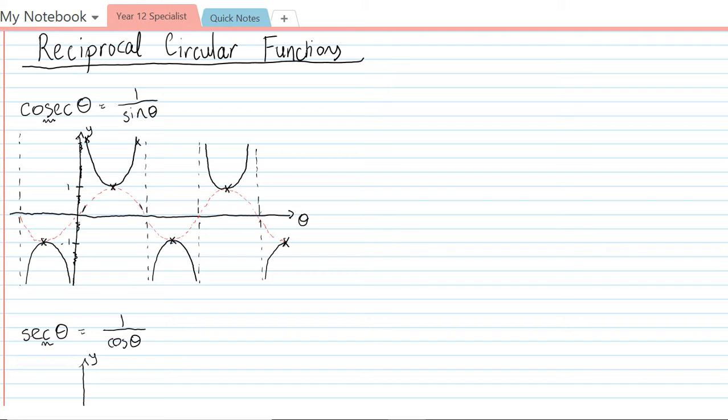So a couple of features of this. Firstly, let's consider what the domain is. So normally the graph of sine x or sine theta would have a period of 2 pi. So this is 2 pi here, and that makes this here pi and 0, and, well, over here 3 pi and negative pi. So what we can see is that the graph exists everywhere except for multiples of pi.